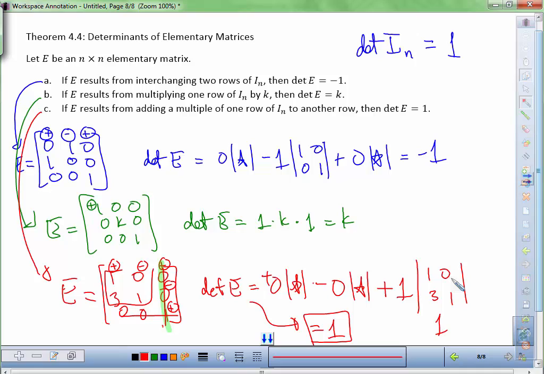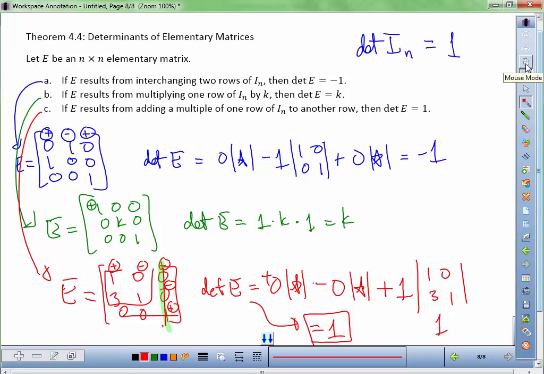So it doesn't really matter. Okay, so far? So we're done with the elementary matrices, and the only thing to remember is that if you multiply one row by something, the determinant is multiplied by it. If you switch 2 rows, you get a negative for the determinant, and that last one is just going to be determinant of 1.